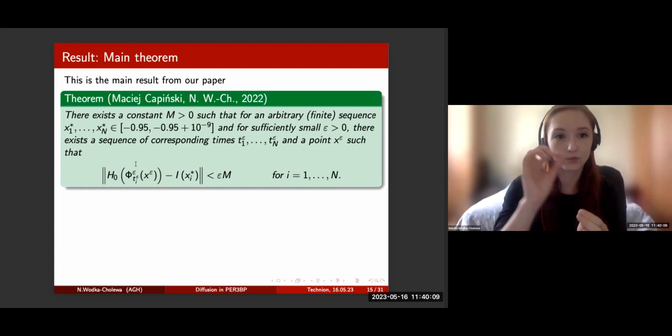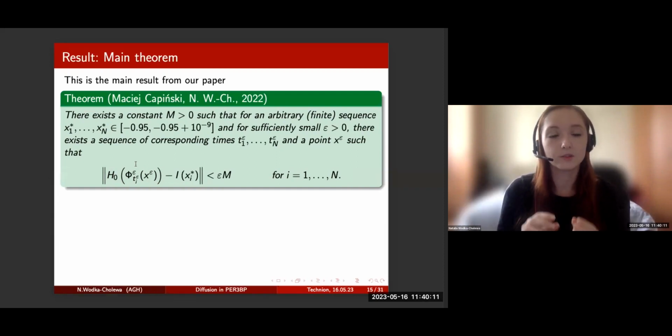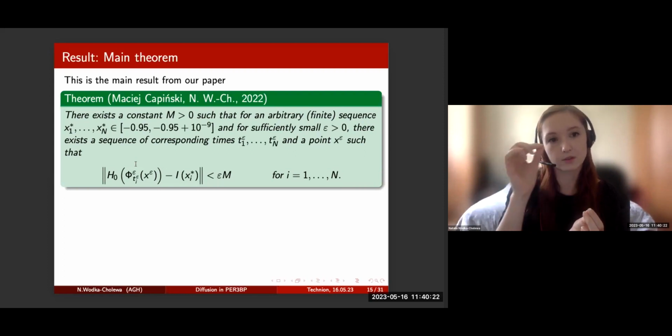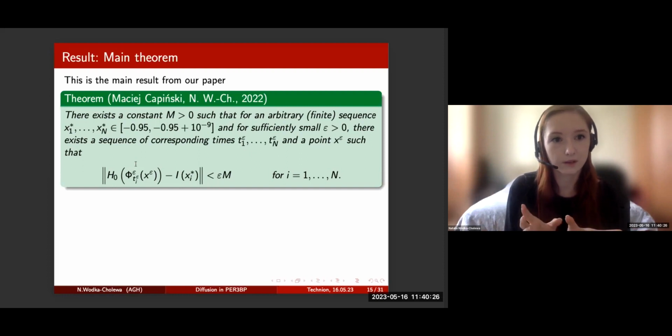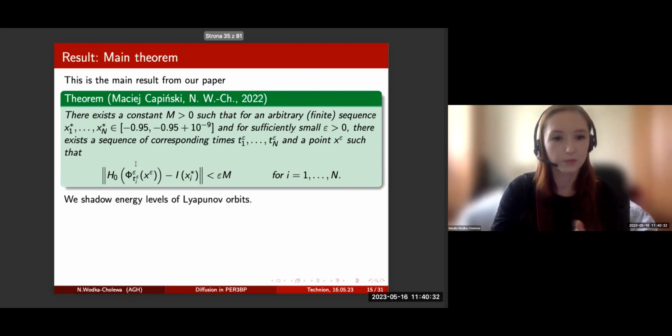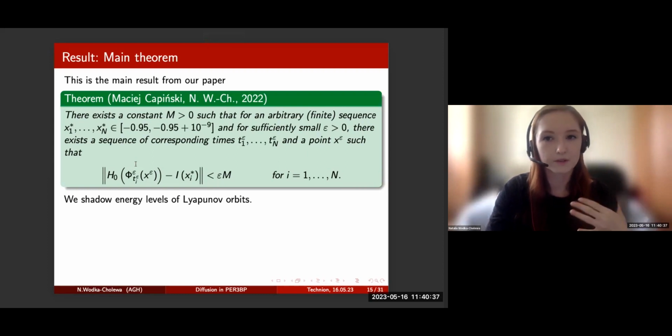So you have the Lyapunov orbit, it has some energy, and you can shadow it. You can find orbits that are near and have almost the same energy level. So if you take a small epsilon, the closer they are. So if the perturbation is smaller, they are closer to each other. So we shadow the energy levels. We can do that for some finite sequence of values.